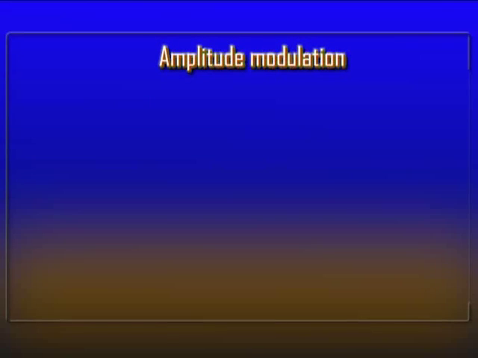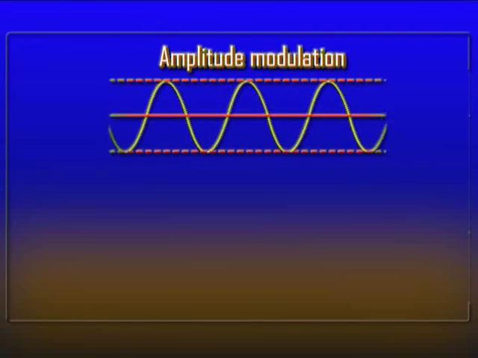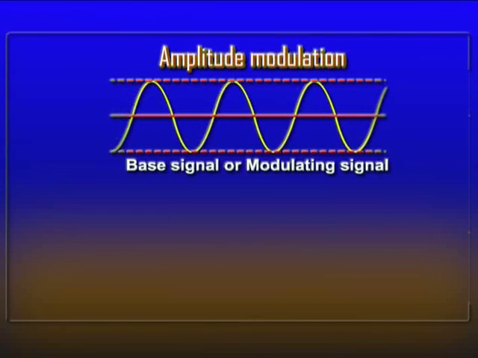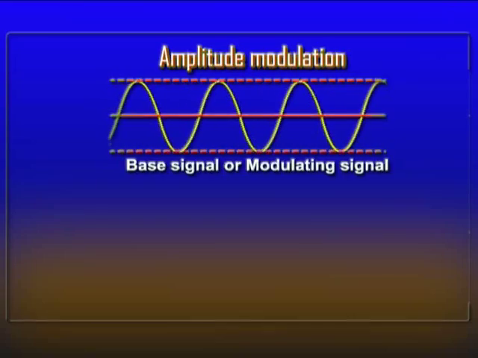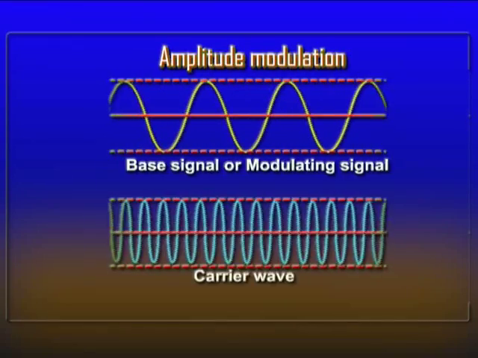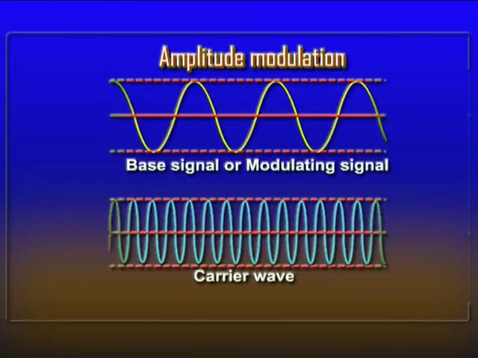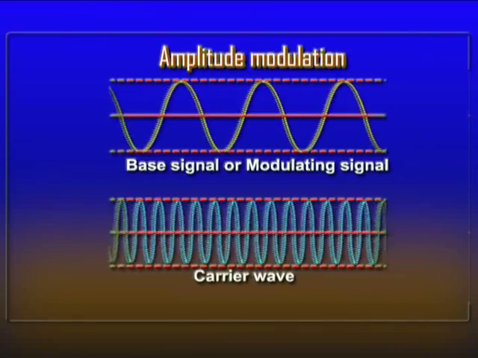Amplitude modulation. In this kind of modulation, the amplitude of the carrier signal changes with the change in the amplitude of the base signal. As we see here, this is the base signal of very low frequency which carries the information to be communicated. This is the unmodulated carrier wave of high frequency which can be superimposed on the base signal.